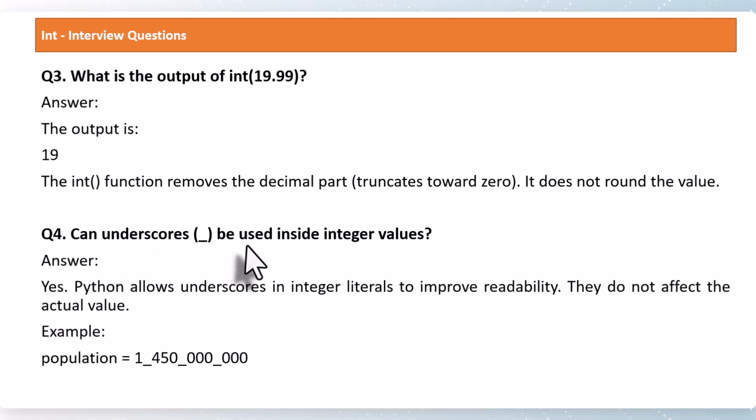Can underscores be used inside the integer values? Yes. Python allows underscores in integer literals to improve readability. They do not affect the actual value. Population equal to 1_450_000_000 is a valid statement.